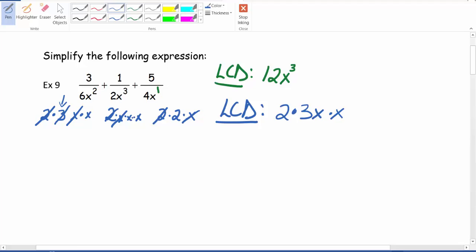This one also has an extra x, so we can cancel him out as well. This last one, though, does not have an extra x left over, but that's okay because he's taken care of from our LCD. Now looking at our middle one, everything's pretty much been crossed off except for this remaining x value, so he is also going to go inside of our LCD.